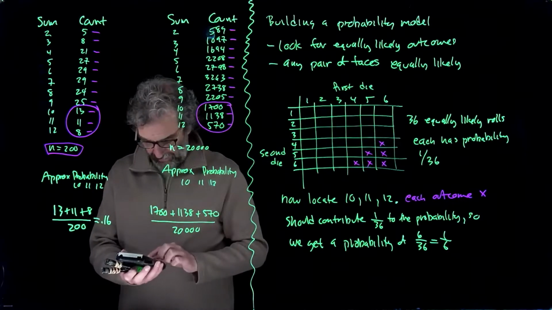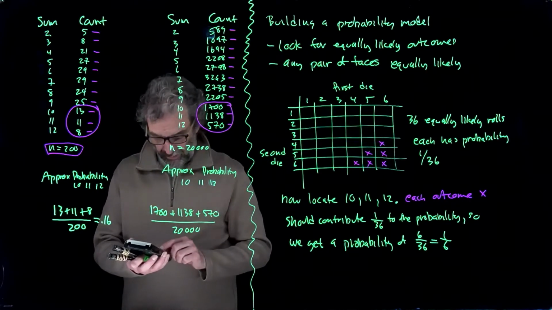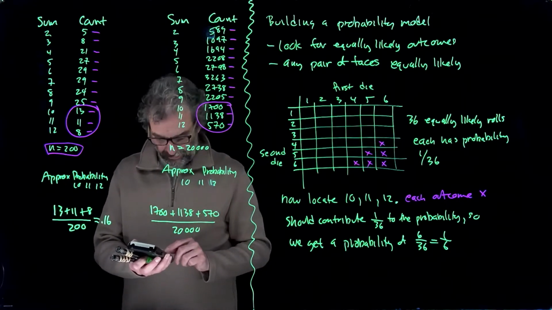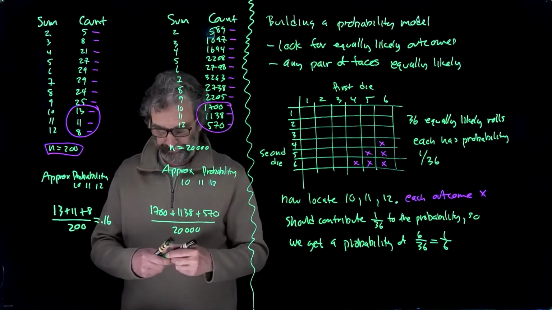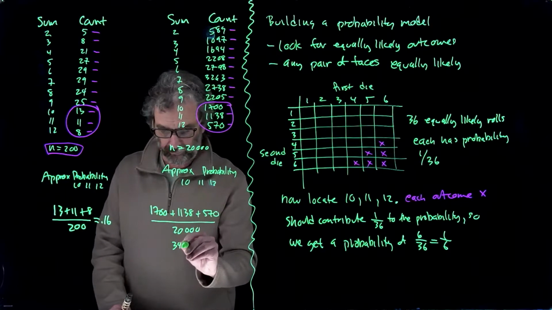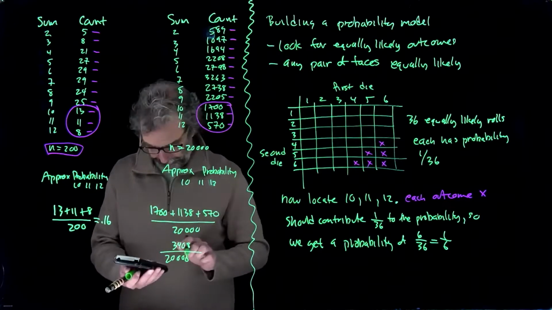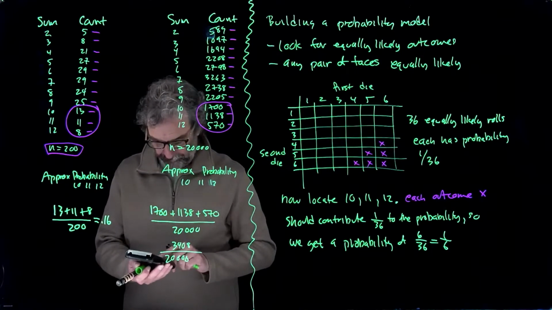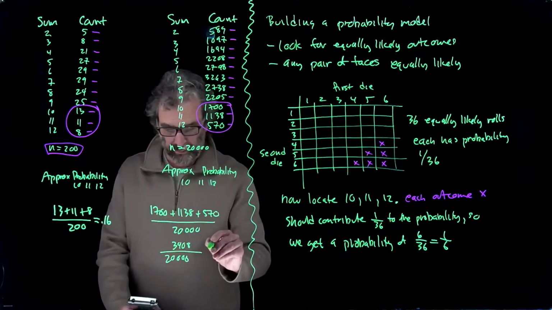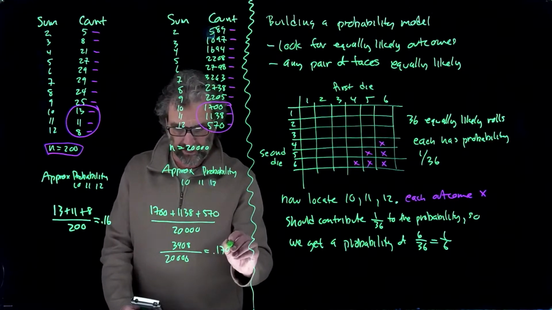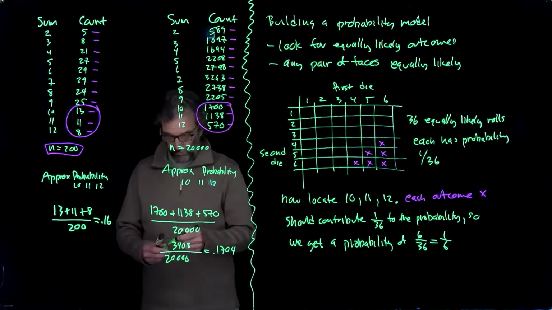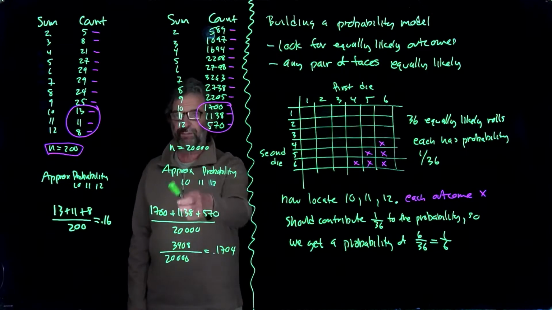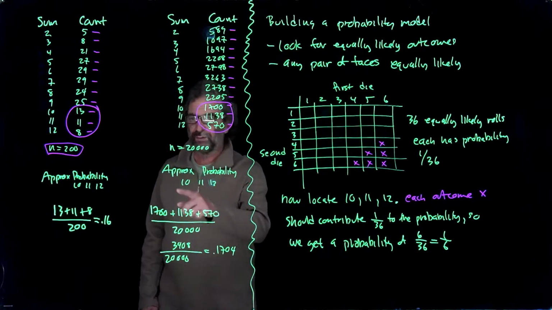So that's 3,408 over 20,000. That's 0.1704. So it's about 17%, 16 to 17% seems to be the answer to 10, 11, 12.